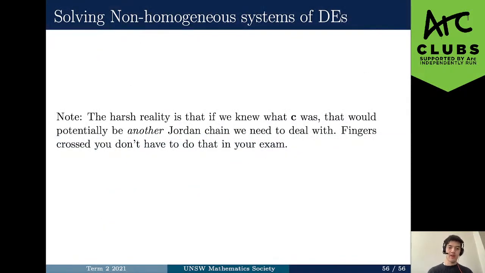So the harsh reality is that if the question gave you the initial condition c, then you might have to do another Jordan chain in order to deal with it. We have to work out whether c is a generalized eigenvector. If it's not, you need to write it as a linear combination of generalized eigenvectors, and then you need Jordan chains corresponding to each of those eigenvectors, and then you can apply the matrix to each of them, which would take a very long time.